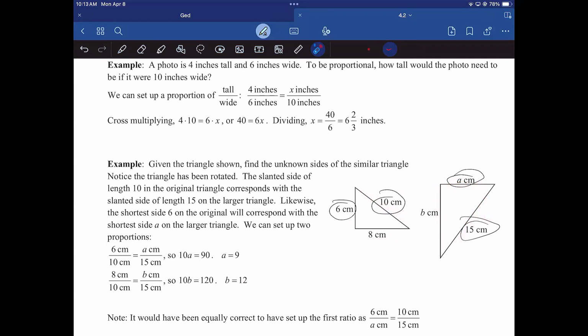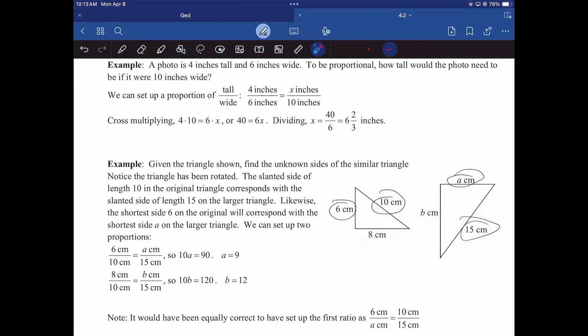So with that, we can use proportional reasoning, this is to that, to figure out our unknowns. So notice here it said 8 is to 10 as B is to 15. Again, we're going with the same thing.